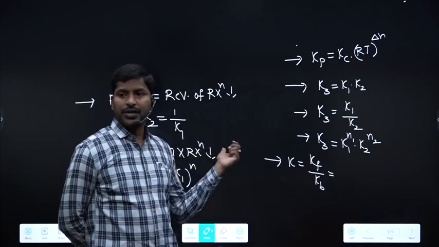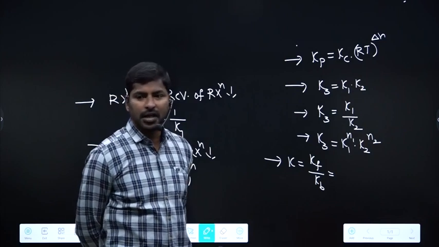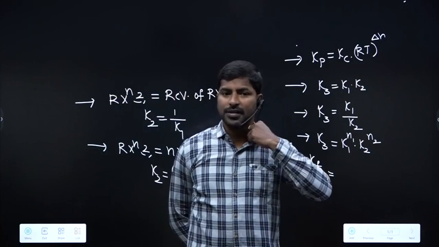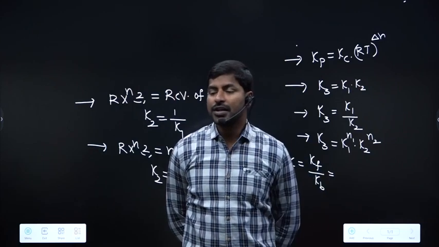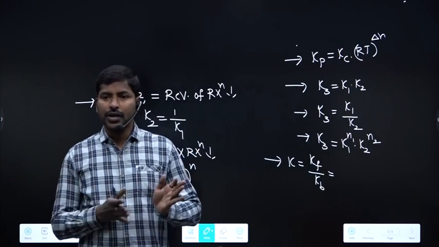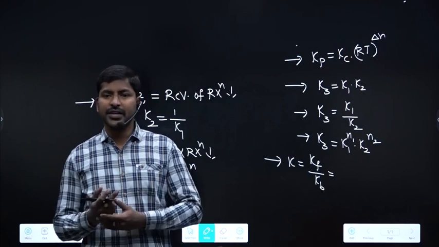If equilibrium constant value is high, that indicates products are dominating over reactants. And how to get the direction of reaction, whether it proceeds in the forward direction or backward direction, or the reaction is at equilibrium?